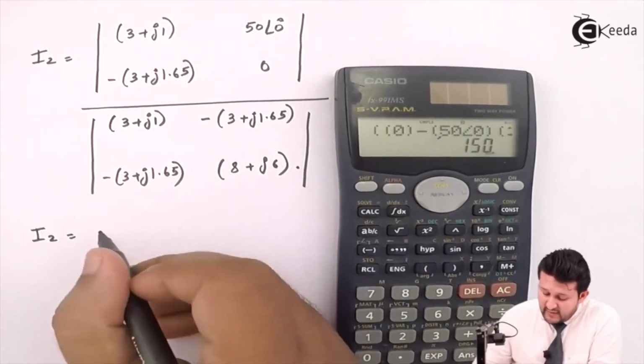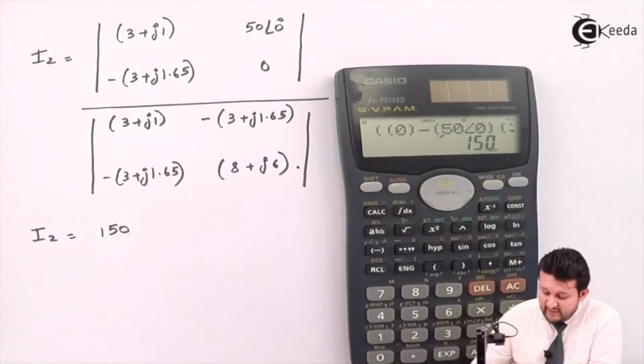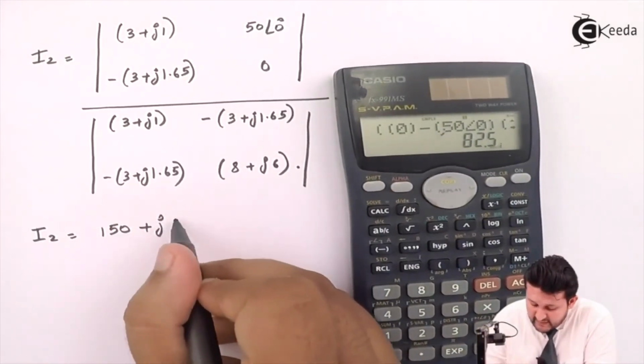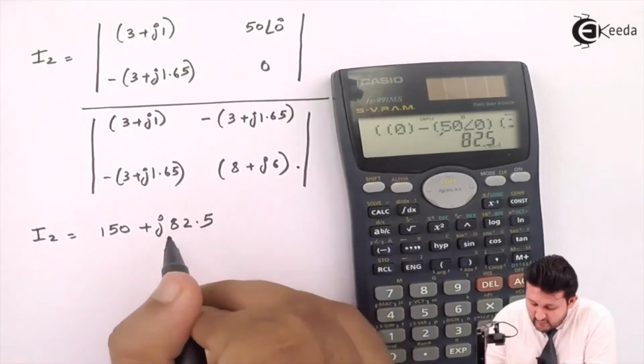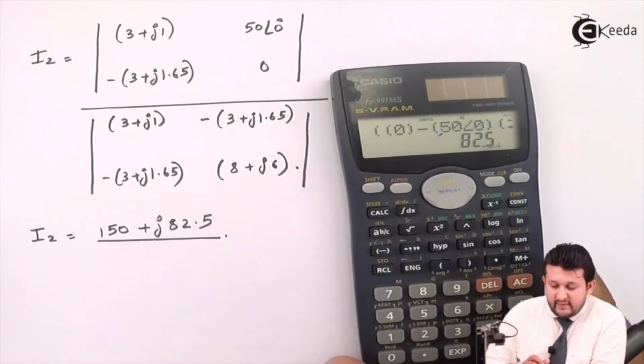The answer you get is 150. For the imaginary part, press shift and equal to, the value you get will be plus J82.5.